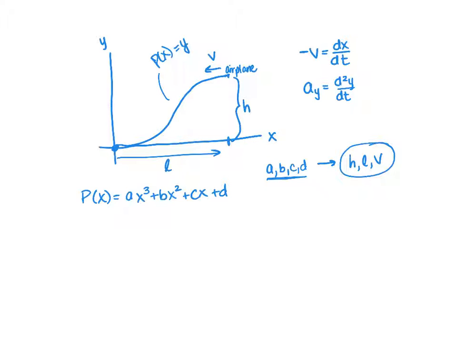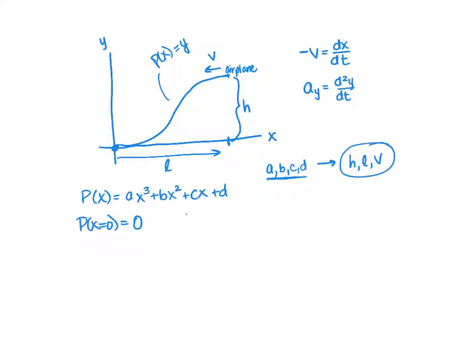The first things they are describing in the problem, the conditions, are going to help you figure out what all these constants are. The first two things are that you can see what the value of P is at two different values of X. When X is 0, the Y value is 0.